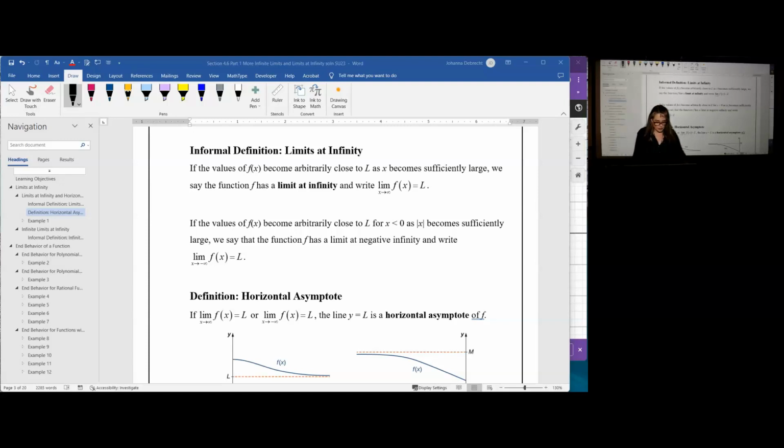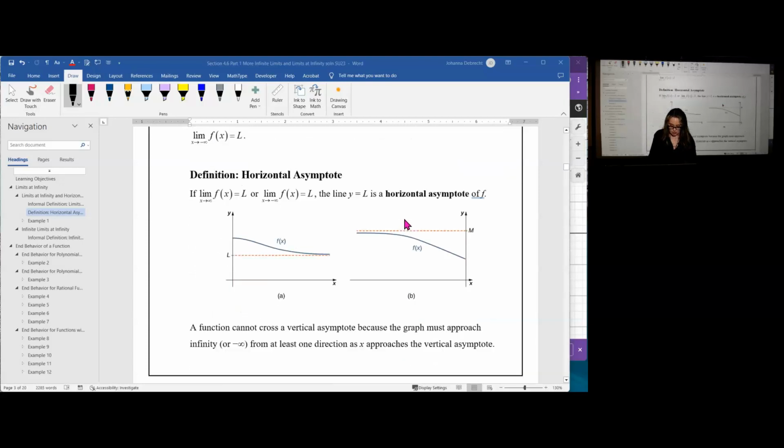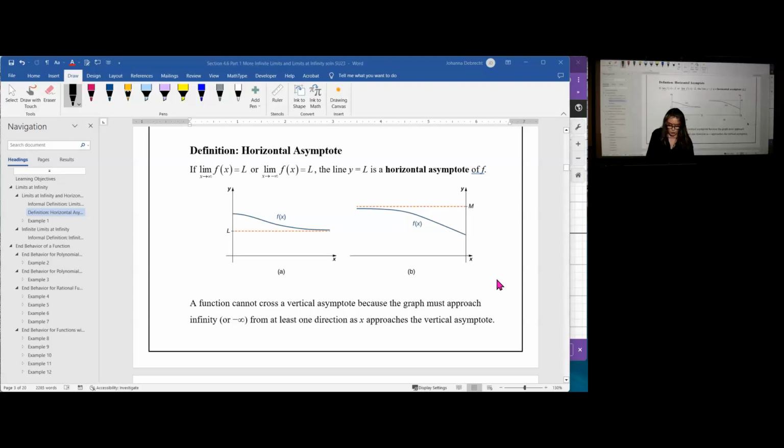Now let's take a look at the informal definition for the horizontal asymptote. If the limit of the function as x goes to positive infinity is L, or the limit of the function as x goes to negative infinity is L, then the line y equals L is a horizontal asymptote of the function f.